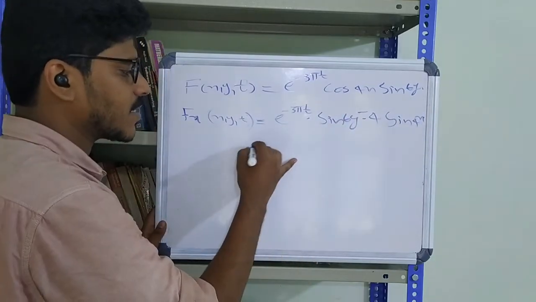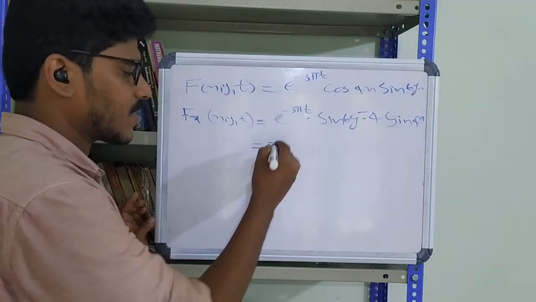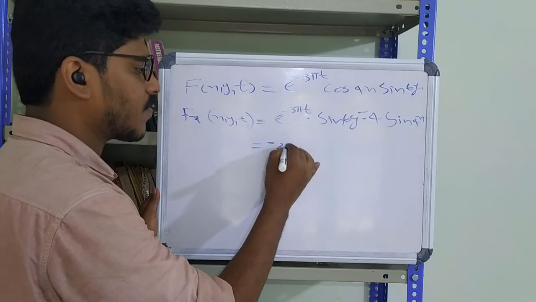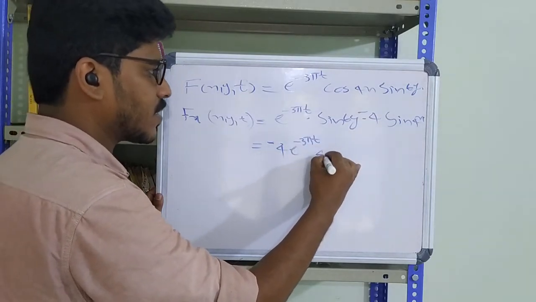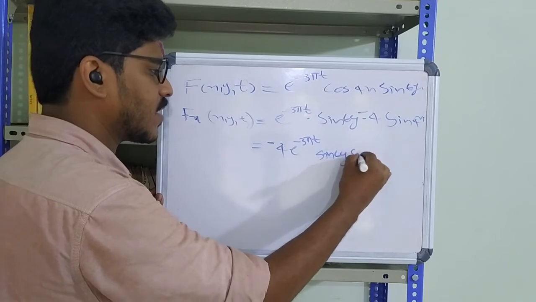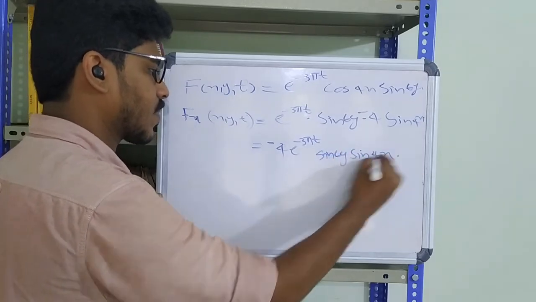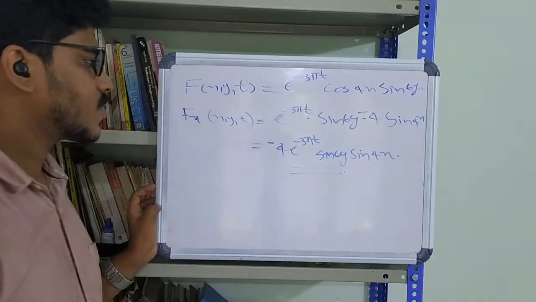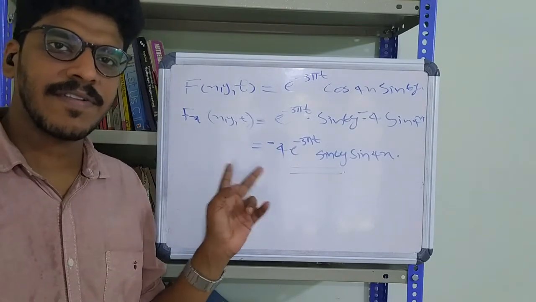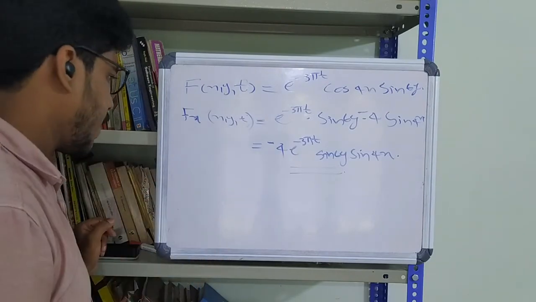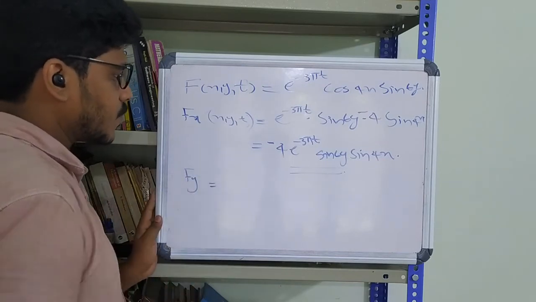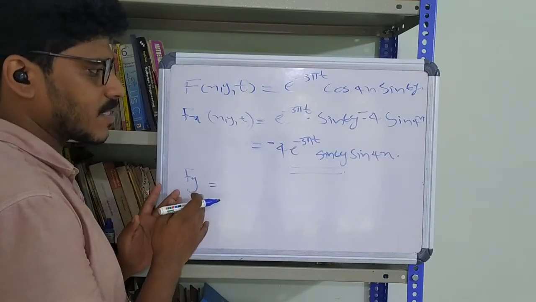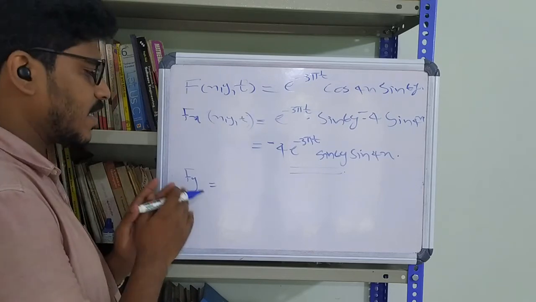If you rearrange this for ease of reading, minus 4 e raised to minus 3πt sin 6y sin 4x. So this is the partial derivative of f with respect to x. Now let's see what the partial derivative of f with respect to y is. Again, this could be a function of x, y and t.